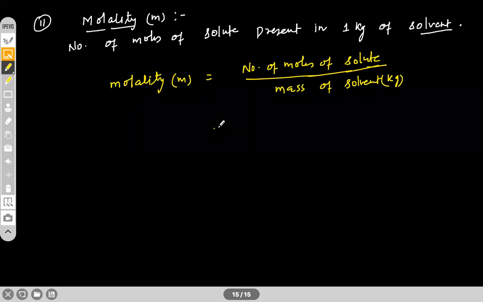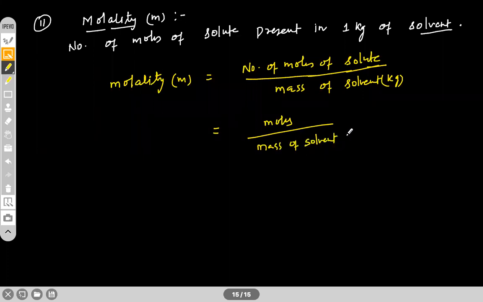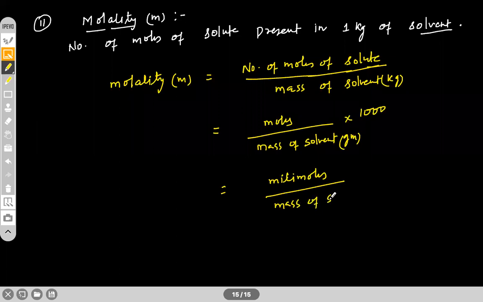Right? If the mass of solvent is given in gram, then what can we write? Moles of solute divided by mass of solvent in gram, but this gram you have to convert into kg, so you will multiply by 1000 here. And similarly it becomes millimoles by mass of solvent in gram.